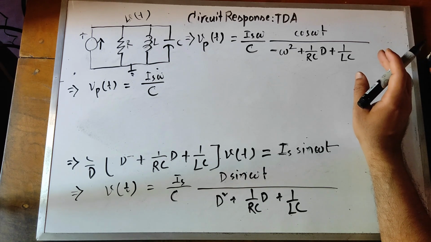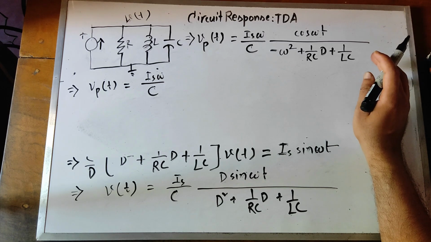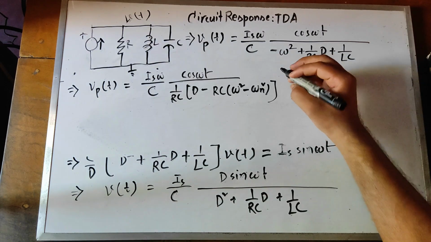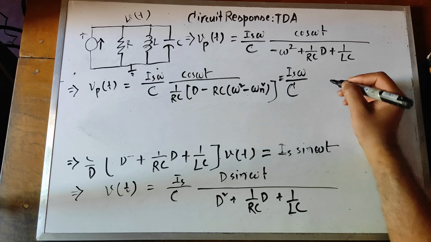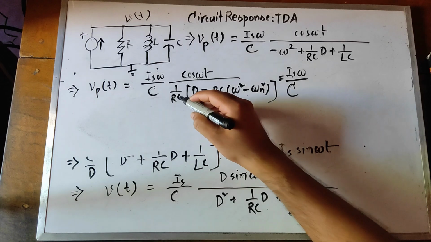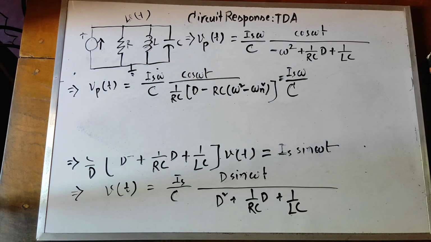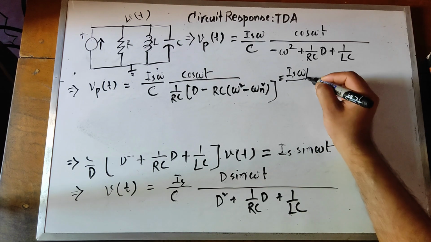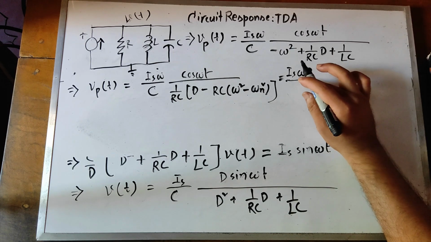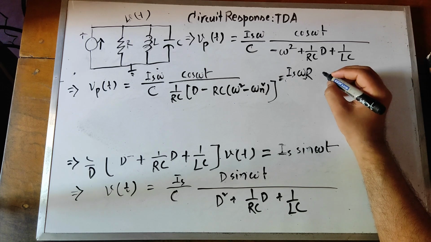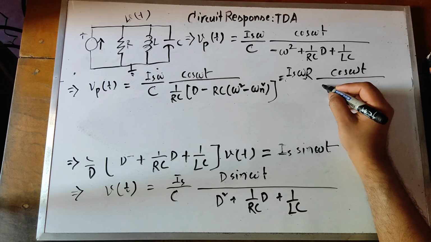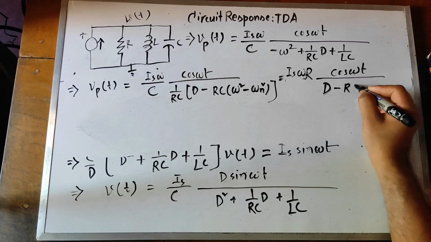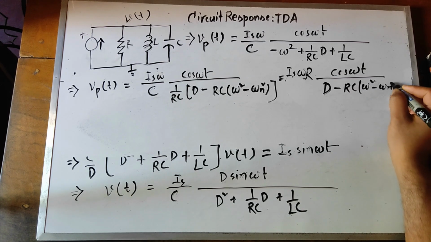So if I just rearrange this, now I will directly get, so here the C will cut out, so it will give me 1 by omega C R, and I will have cos omega t by D minus RC omega square minus omega n squared.